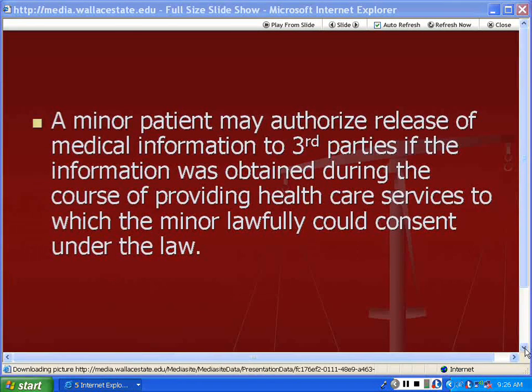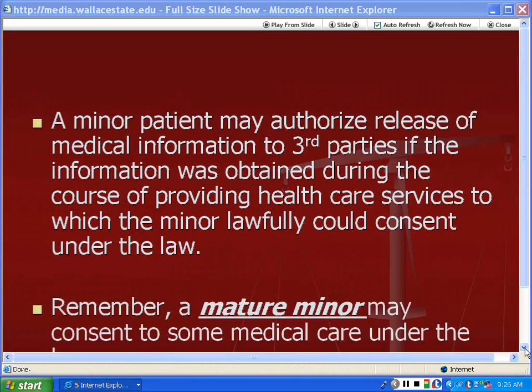But remember what a mature minor is versus an emancipated minor. An emancipated minor is one that has basically divorced his or her parents and gone to court to become an adult before that age of majority. But a mature minor is one that can consent to medical care under the law in certain circumstances.